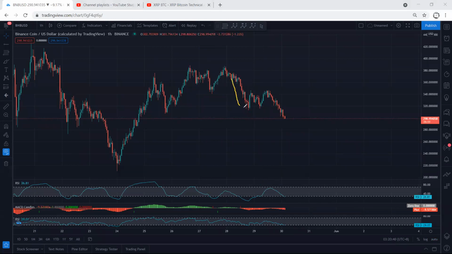Technically, we have this one, the correction, drop, and divergence. That means if we get the reversal, we will be more interested to look for buy. But anyway, we don't have any correction. That's why we cannot look for trade. We have to wait. Then from there, if we get the correction, we can look for the next trade.